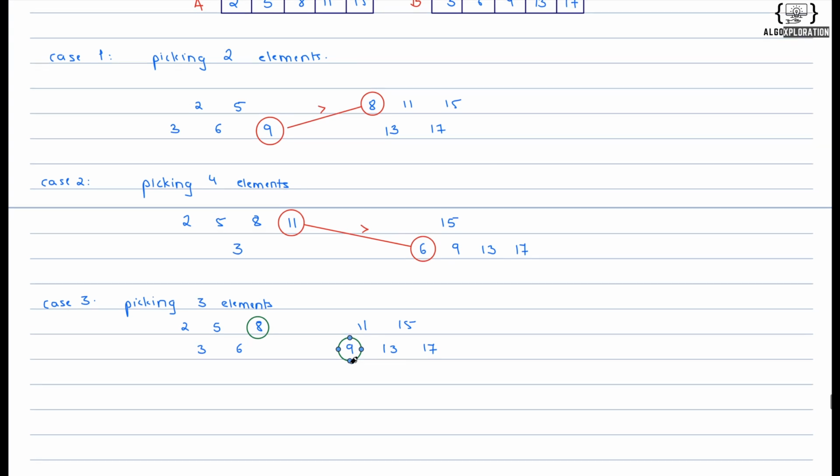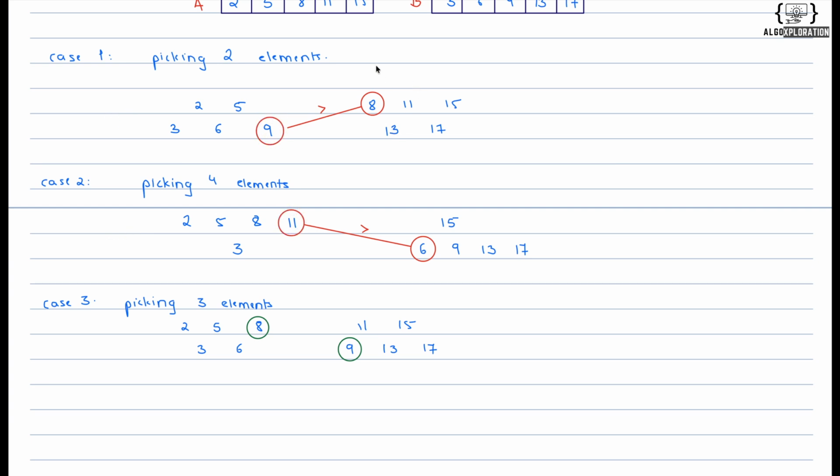See, observing these 2 cases, sometimes we are picking the maximum element, the largest element, from array A, otherwise from array B, right?